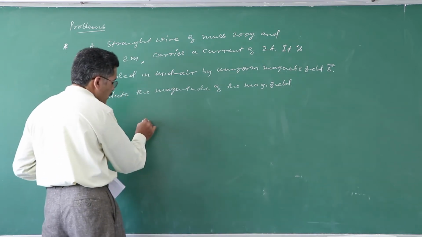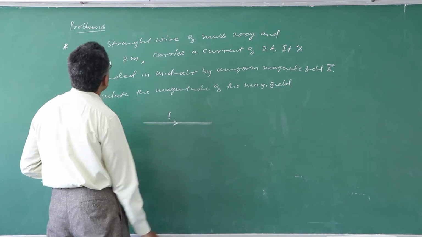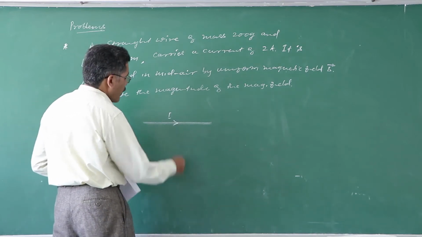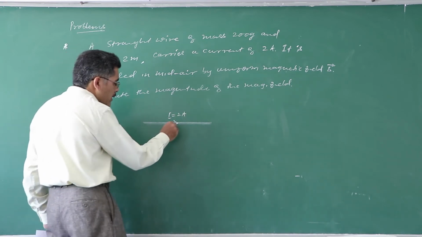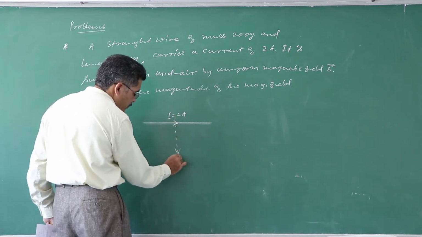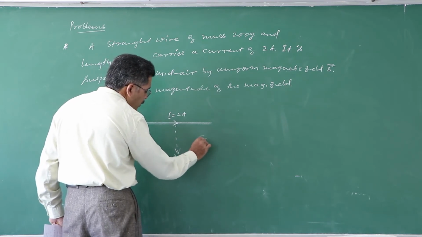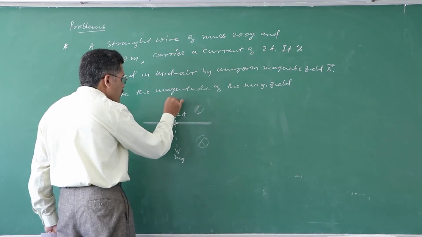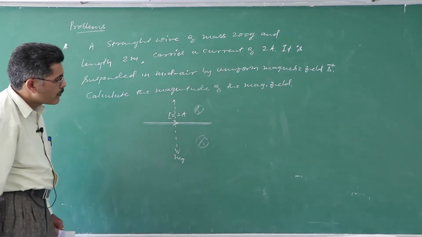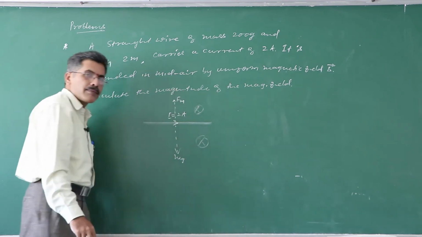Here we have a wire carrying a current of 2 ampere, and its weight mg is acting in the downward direction. Because of the magnetic field acting on the wire, it will experience a force. This is the force due to the magnetic field.